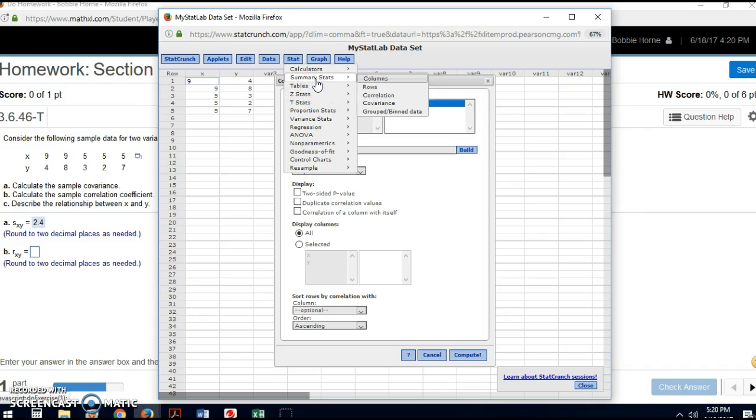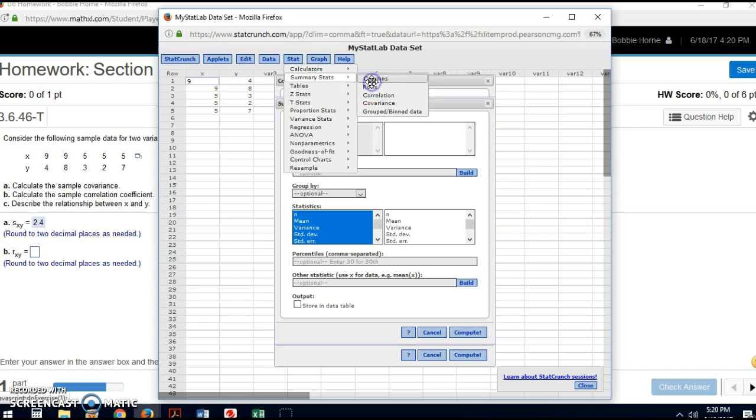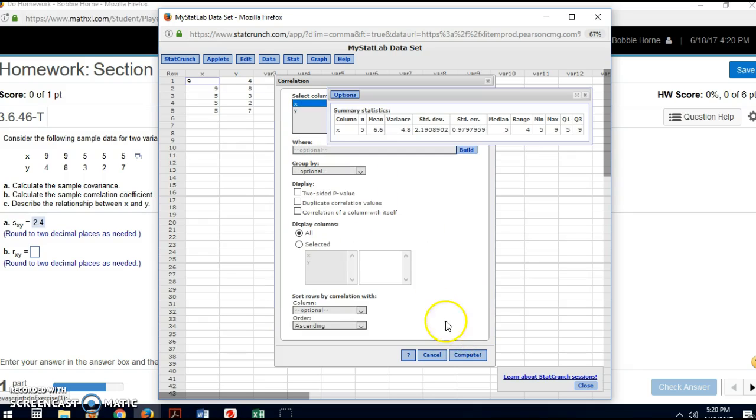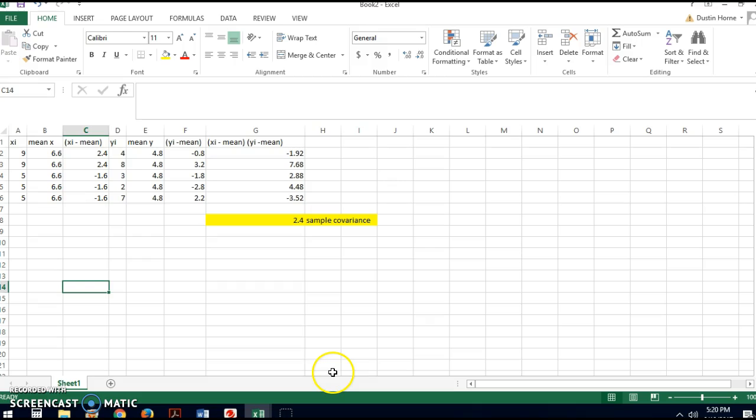Let's do summary stats. Okay, so we see that the mean is 6.6. The standard deviation is 2.19. Let's just make sure that that looks like, yes, we got 6.6.